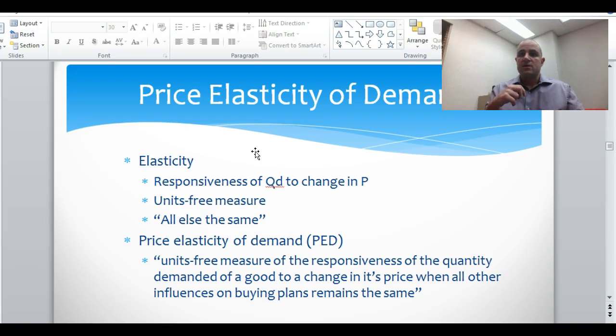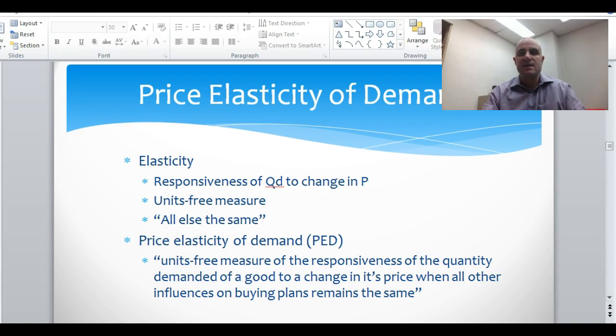You might look at that and say, all right, price went up by 1, quantity demanded went up by 1, so they had roughly the same effect. When in reality, they didn't, because price doubled while quantity demanded only went up by a little more than 1%. So what we're going to do is take out those units and look at it on a better scale.